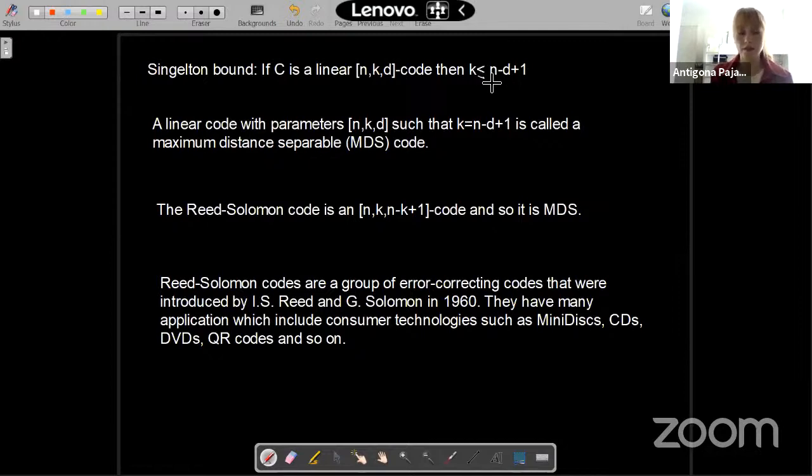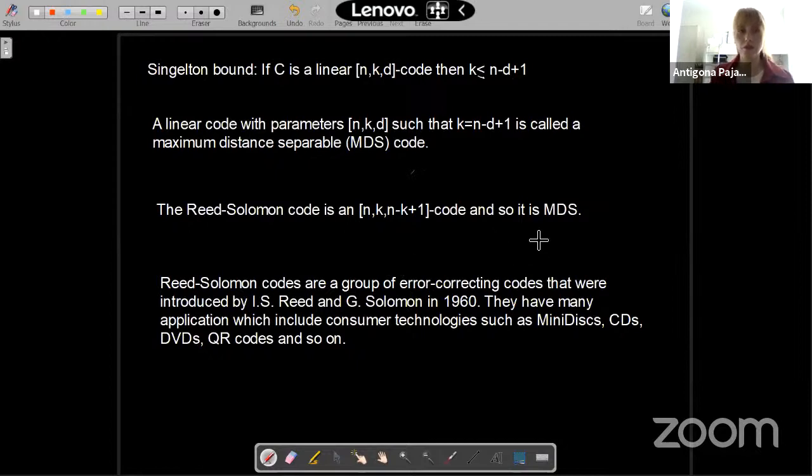For linear codes, if C is a linear code, then the dimension k is less than or equal to n minus d plus 1, where n is the length and d is the distance. And if this inequality becomes equality, then those linear codes are called maximum distance separable, MDS, codes. And I gave an example of such a code.